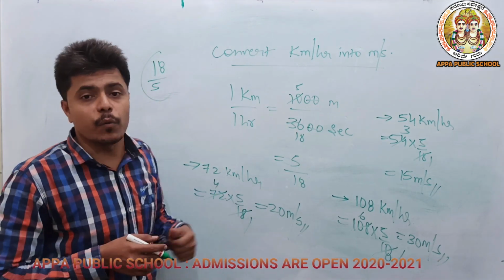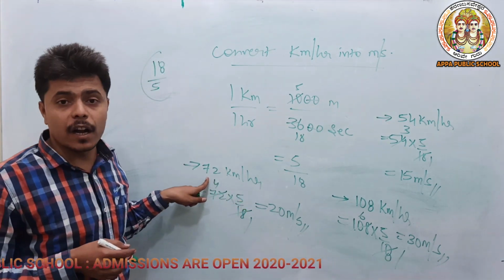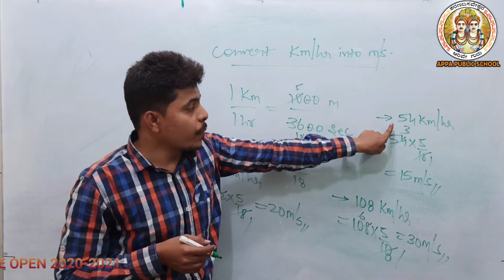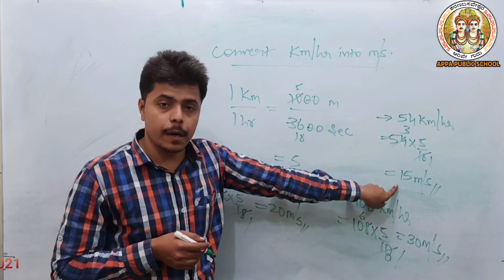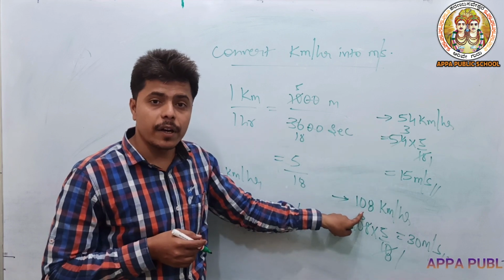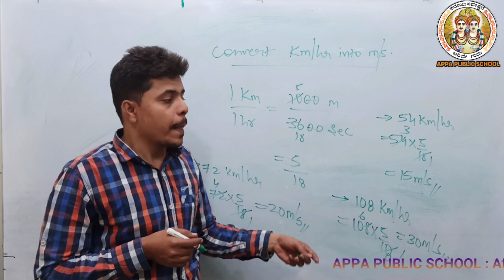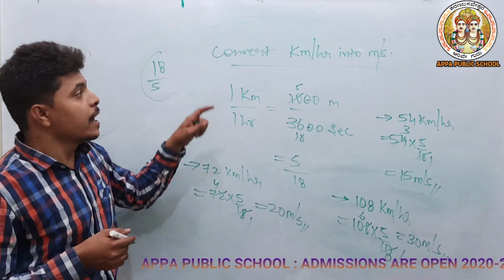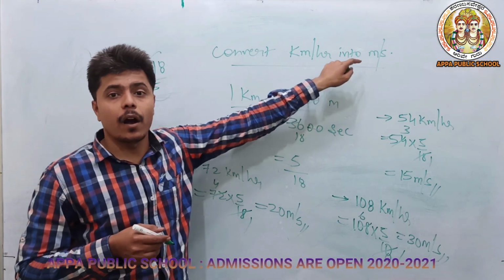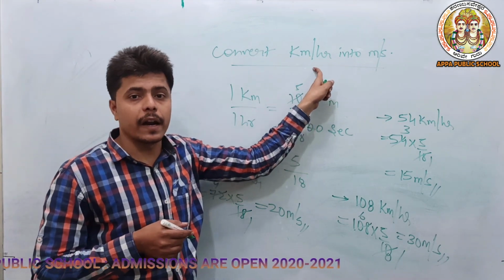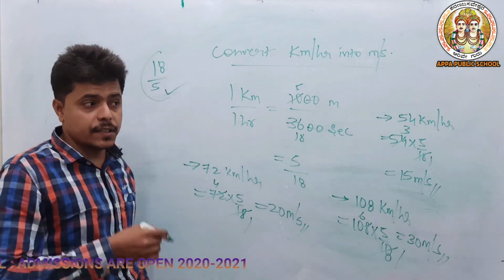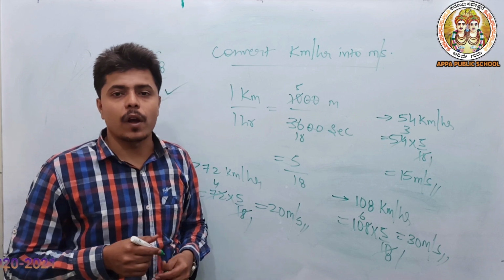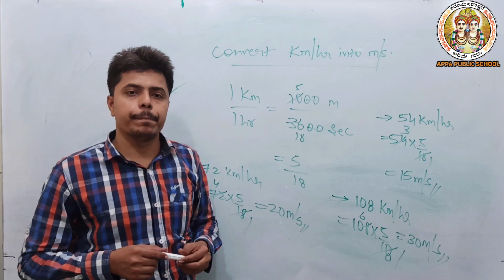So firstly I converted 72 kilometer per hour, then 54 kilometer per hour, then 108 kilometer per hour into meter per second. And when it is given in meter per second and I want to convert into kilometer per hour, I am going to use the fraction 18 by 5, the reciprocal of 5 by 18. So thank you.